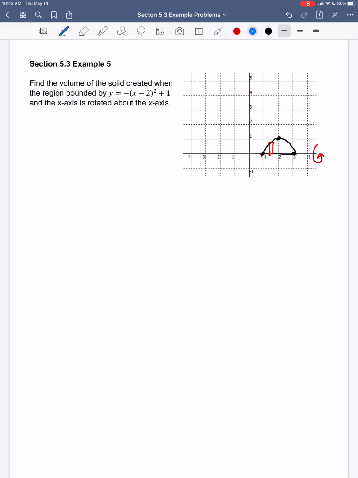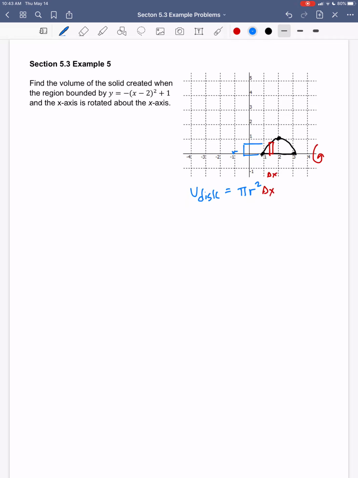And so the volume of the disk is just the area of the cross-section, pi r squared, times the thickness, and this thickness is going to be delta x. My radius is going to have to be this distance here.